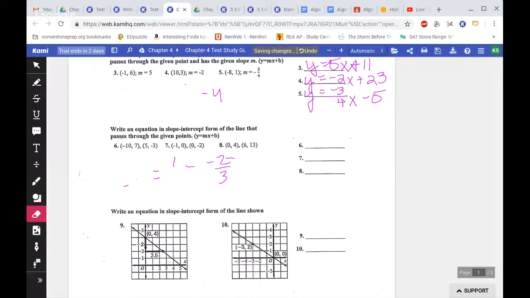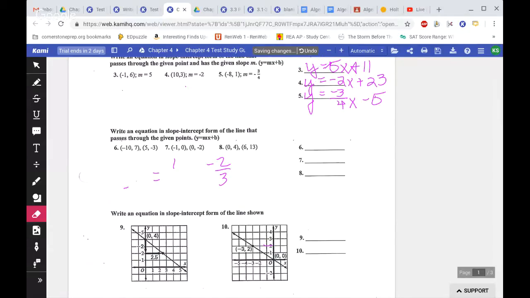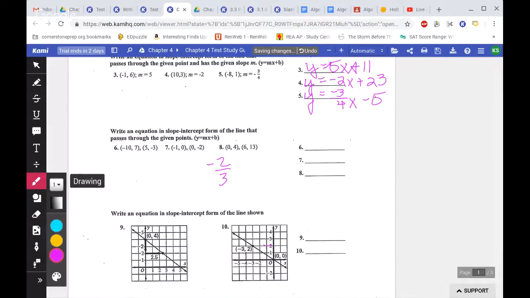Okay. Hang on. I'm still trying to erase. Okay, tell me what to write. I did -3 equals -2 over 3 times 5 plus b.